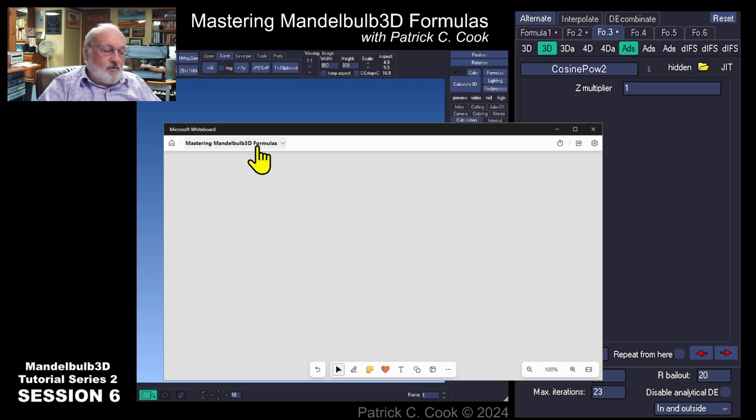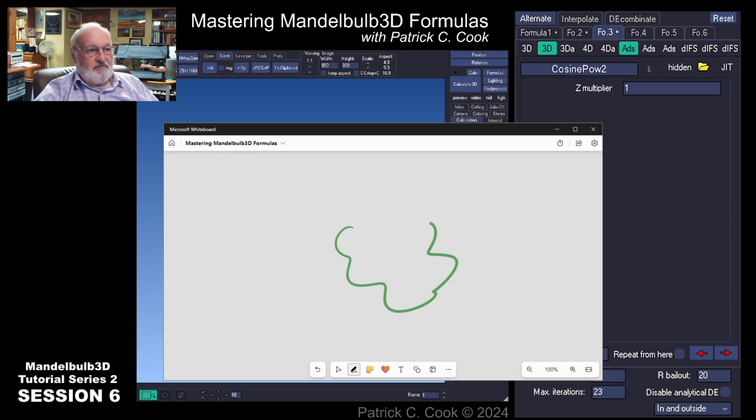All right, so the R bailout. Here's what happens generally. Let's say we're going to have a graphic object, a Mandelbulb object that's going to be on the screen. Now, there's going to be some formula that is going to be executed in order to make that graphic.